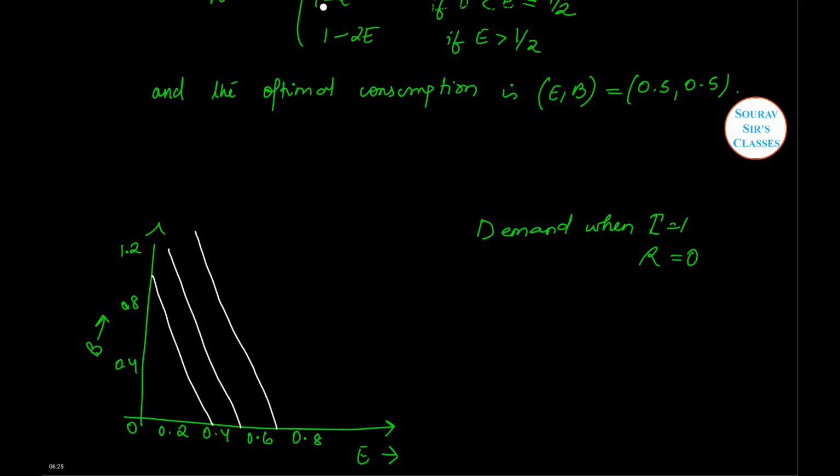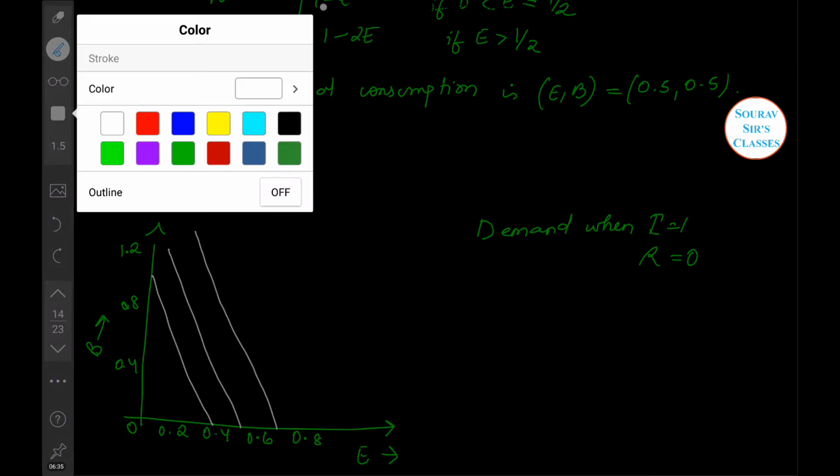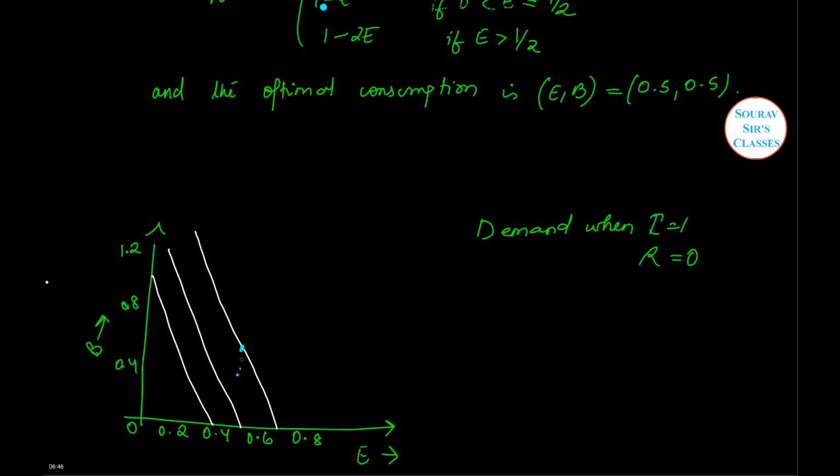We got these parallel lines, and then let us draw the budget line. I'll use another color for this. This budget line will be blue and the indifference curves are white in color.